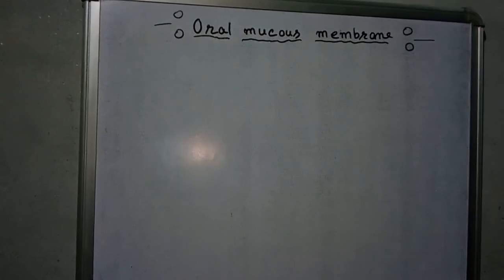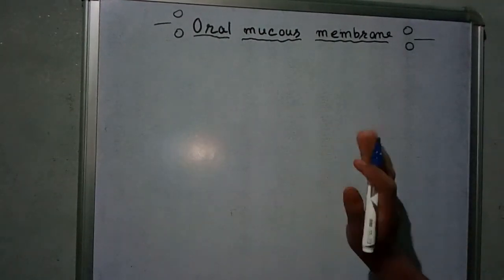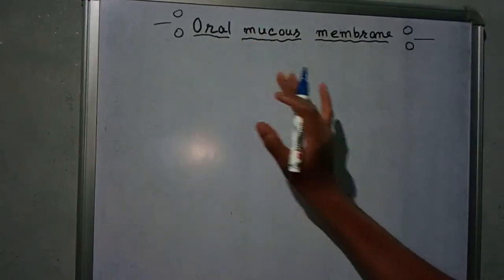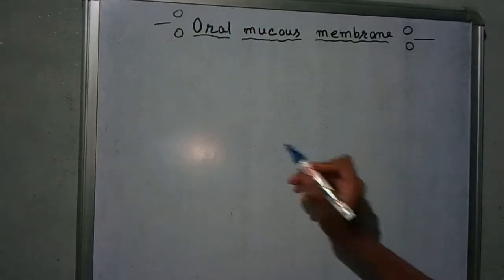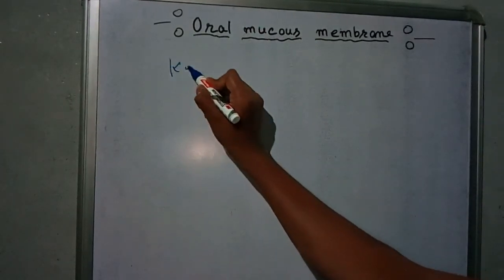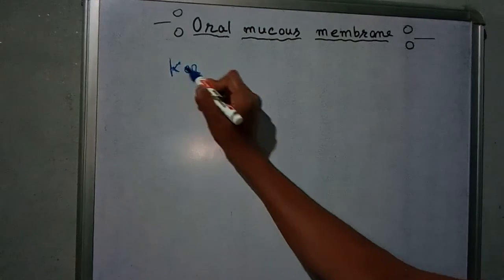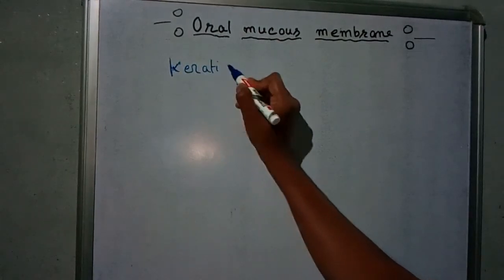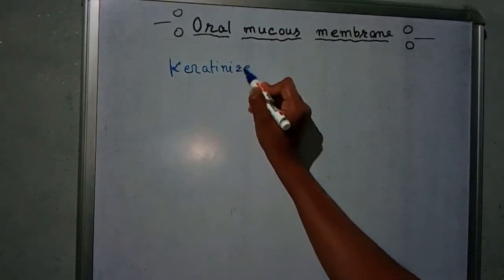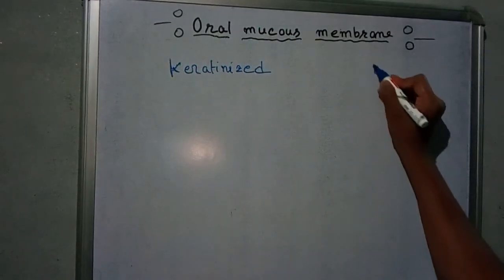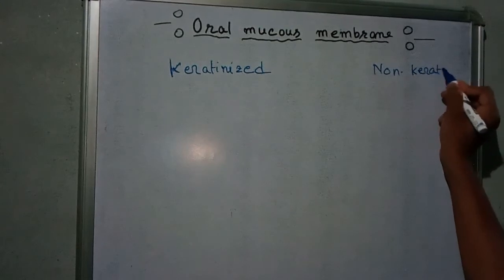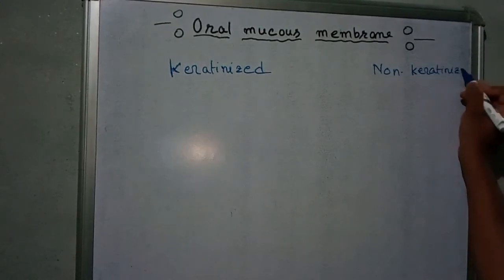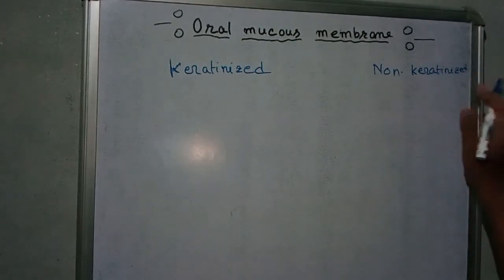For descriptive purposes, the oral mucous membrane is divided into two types: keratinized and non-keratinized.